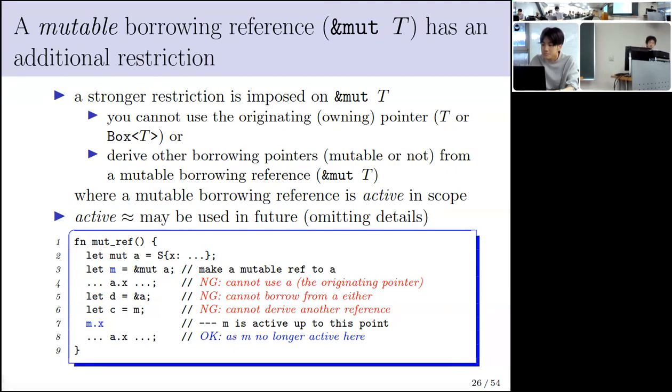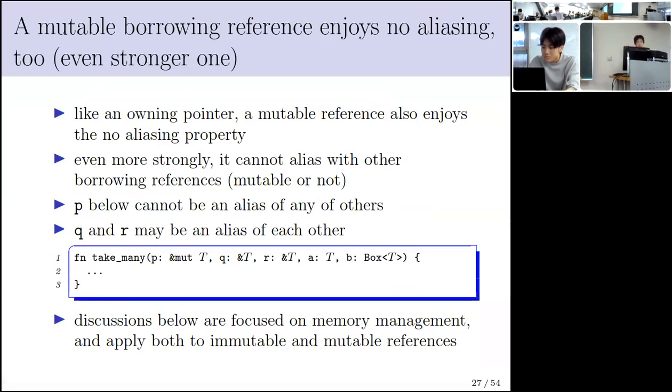This is slightly different from what I was talking about in the last slide. But basically, again, Rust tries to maintain something called the no aliasing rule for this mutable borrowing reference too. A mutable borrowing reference enjoys a similar property to the original no aliasing rule that applies to an owning pointer.